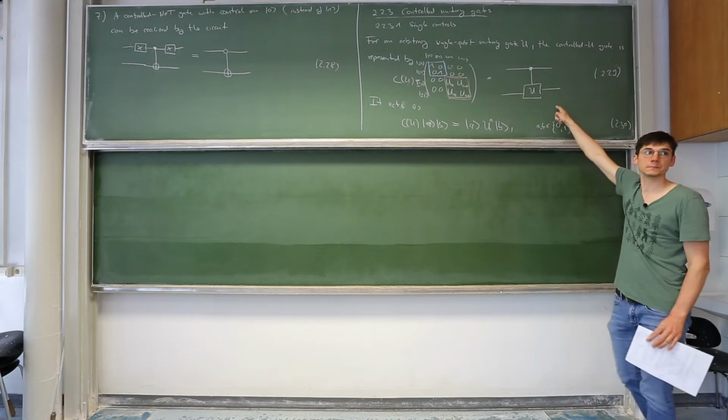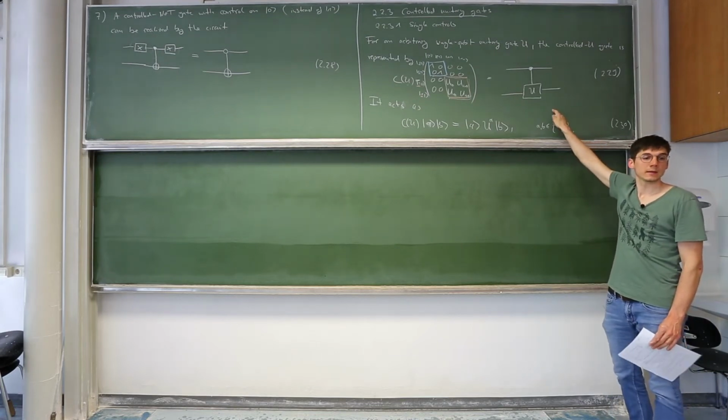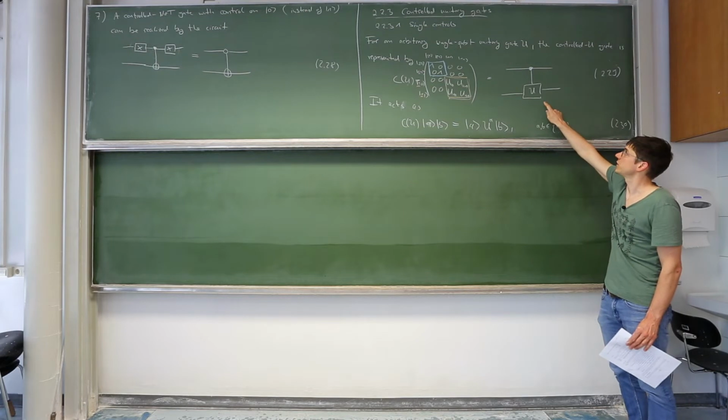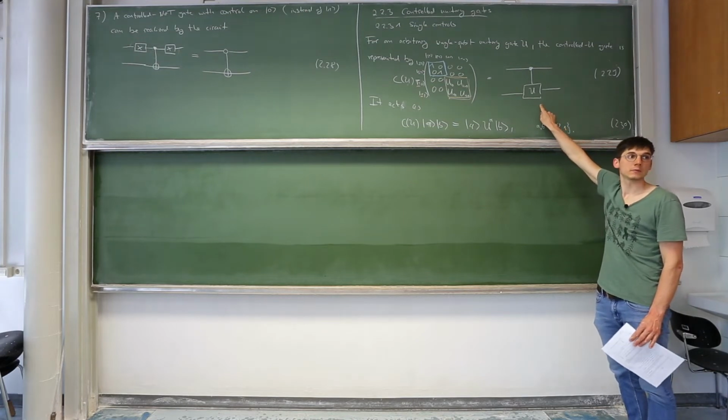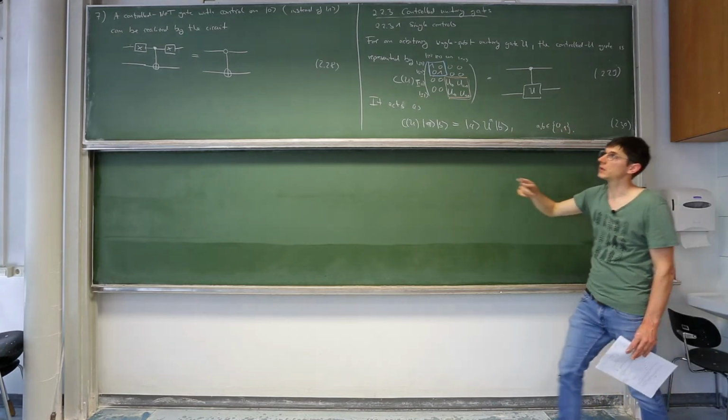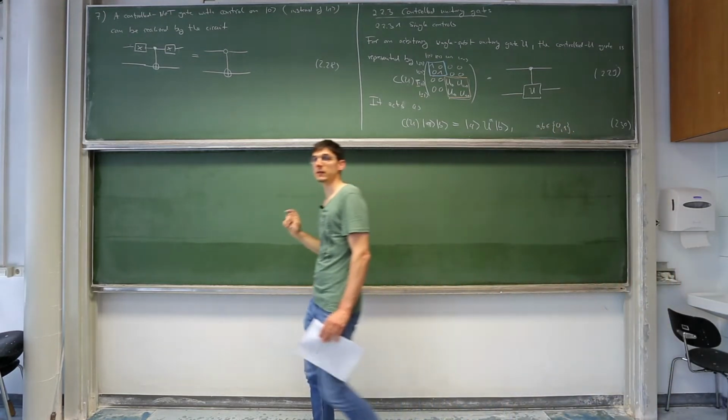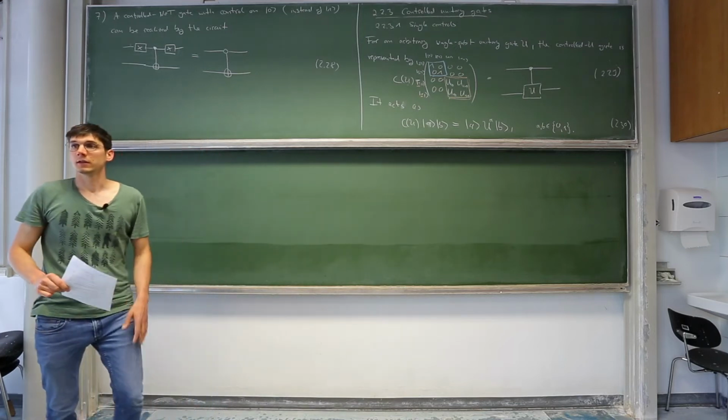So we now want to find a circuit diagram which implements this, and we want the circuit diagram to be decomposed only of CNOT gates and single qubit gate operations.